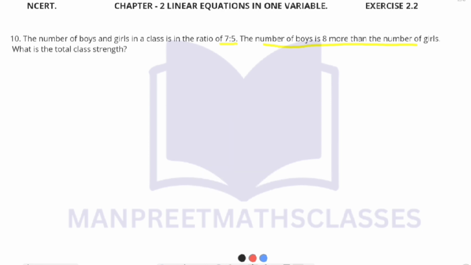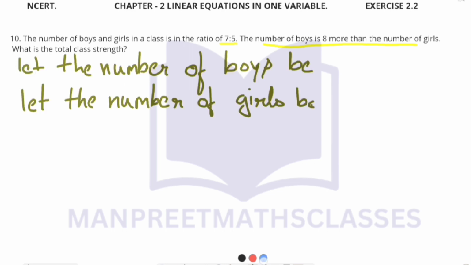So we need to calculate the total number of students. For that we need the number of boys and the number of girls. So first of all we will suppose, let the number of boys be 7x, because it's given 7:5, and the number of girls will be 5x.